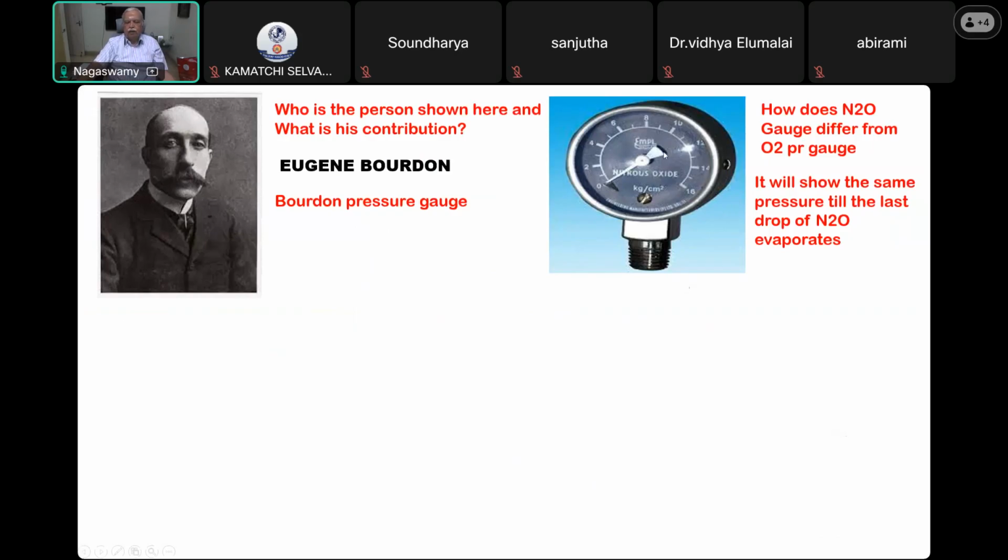Then why have they incorporated this in the current machines? Earlier machines never had this pressure gauge. The reason why they incorporated it is because when you do neurosurgery or cardiac surgery, where nitrous oxide is used as one of the major inhalation anesthetic agents, there is little time to realize that the cylinder has become empty, so that you can switch over to the new cylinder.